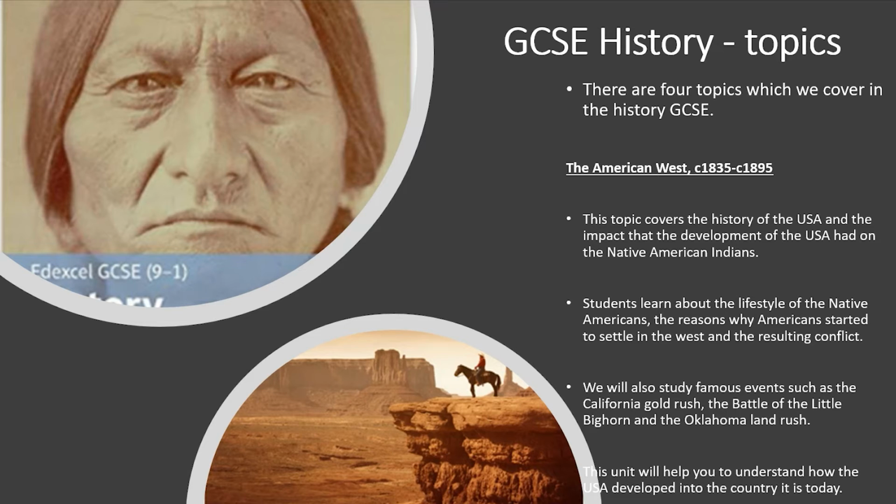We look at the Battle of the Little Bighorn. We look at the Oklahoma Land Rush, as well as some quite famous individuals as well, such as Billy the Kid, a notorious outlaw. And all of this will help you to understand how the USA developed into the superpower that it is today.